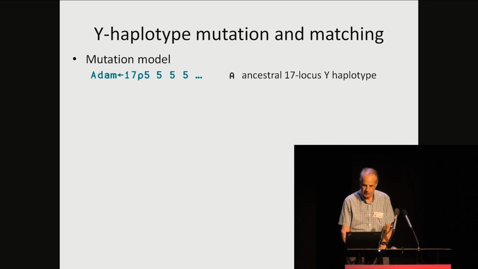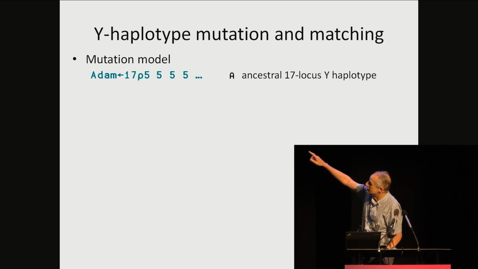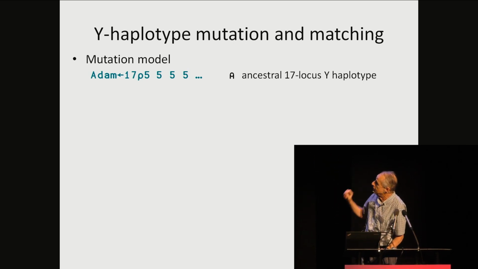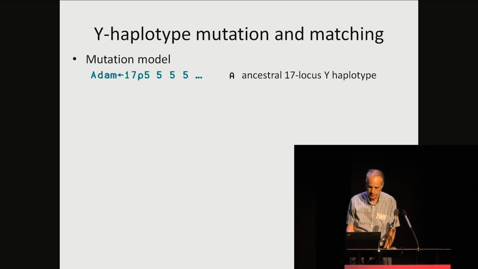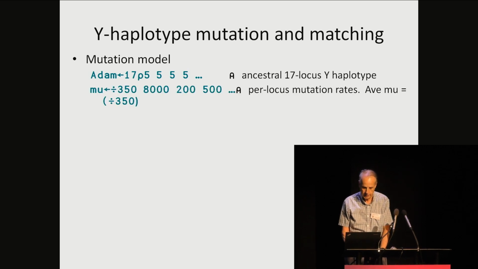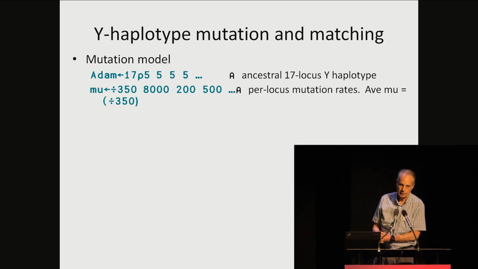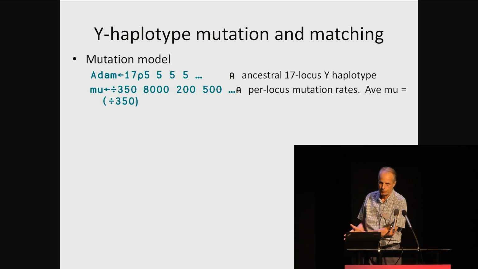I've got to tell you how mutation works, because that's where the APL comes in. So we have a Y-haplotype, which we can model as a string of 17 integers. They're completely unrelated to one another in terms of functionality. And at each of those 17 loci, we have a mutation rate, in other words, the chance that the son differs from the father.